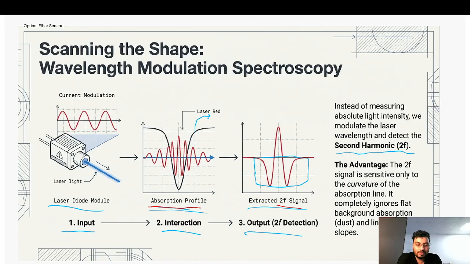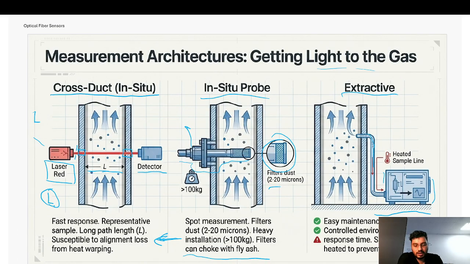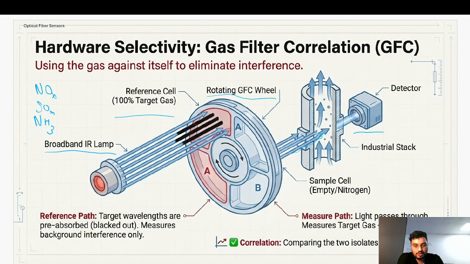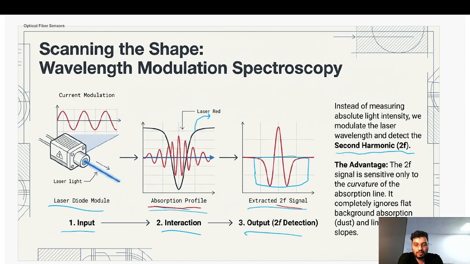The modulated signal is absorbed, and based on that the extracted 2f signal is detected. Previously we have seen that non-resonant things, like dust particles, also fluctuate the intensity, which is one of the main reasons to use the second harmonic signal.